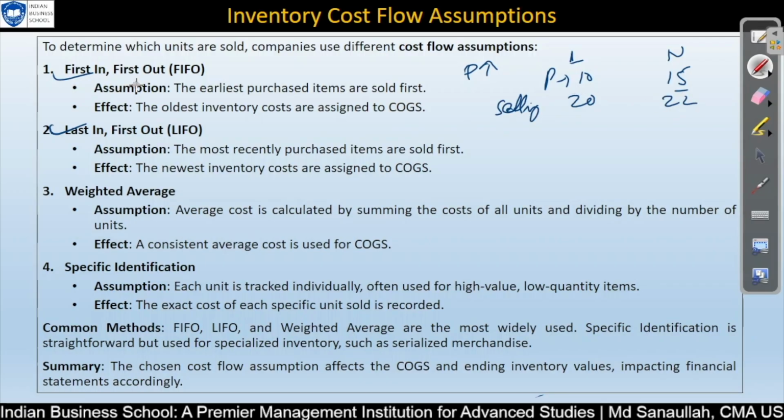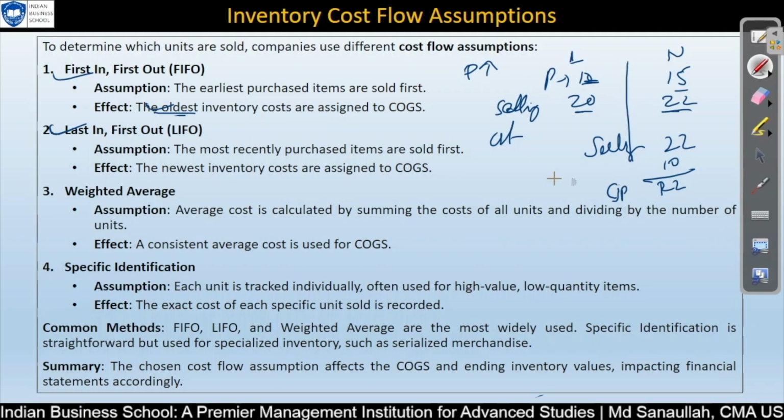If you use the FIFO method, your oldest inventory will be considered in your cost of goods. Oldest inventory first in, last year the price was 10, so in the current year you will be charging 22 and reducing the oldest price of goods. Then you will have a gross profit of $12.